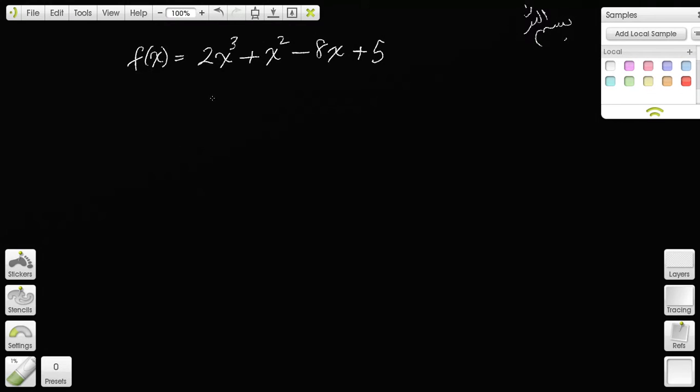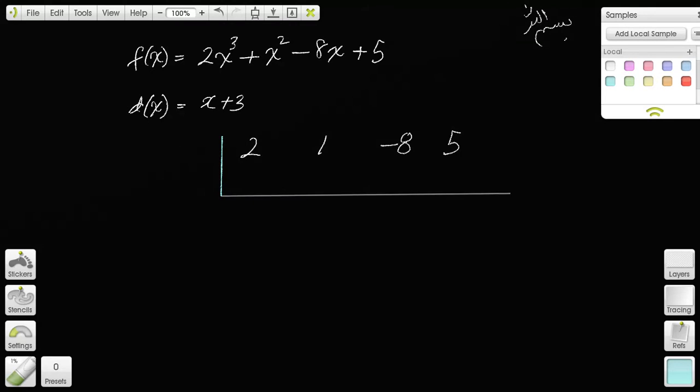And if you want to divide this, and we did this when we learned synthetic substitution, we're supposed to divide this by d of x, which is x plus 3. If you recall, the way we did this is we copied down the coefficients and the constant like this, and then we put over here negative 3, not 3, right? Negative 3, correct?